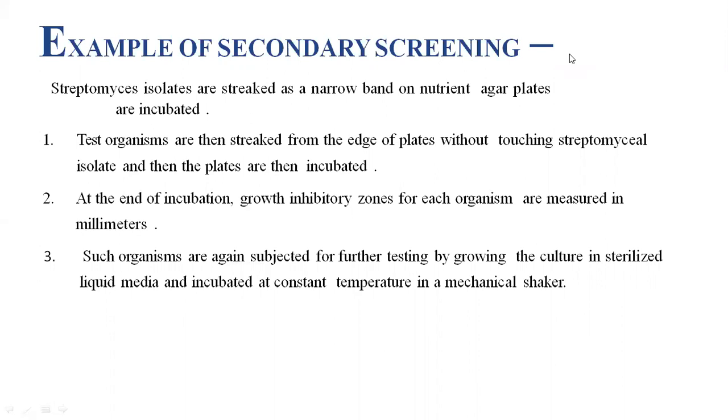Such organisms are again subjected to further testing by growing the culture in sterilized liquid media, incubated at a constant temperature on a mechanical shaker. So this is a flask study. If your selected organism is able to produce an inhibitory zone, then only you have to follow the flask study. And the flask study will help you conclude how much quantity and which type of quality of product is there with your selected organism.